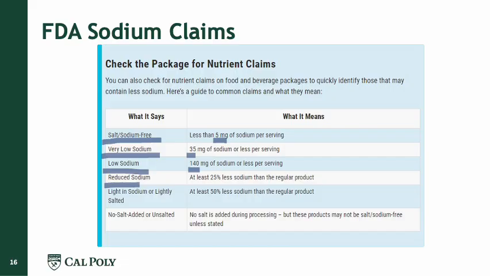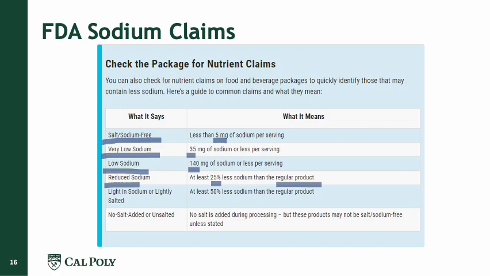Reduced sodium is 25% less than the regular product. So here we are comparing, for example, a regular soup that has, say, 100 milligrams of sodium chloride, and if we reduce it to 75, we can say reduced sodium.